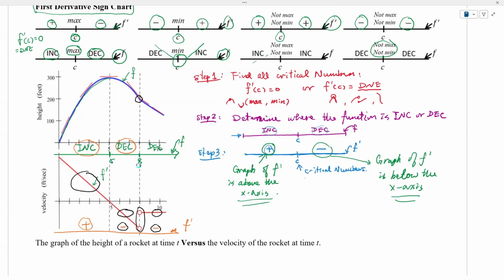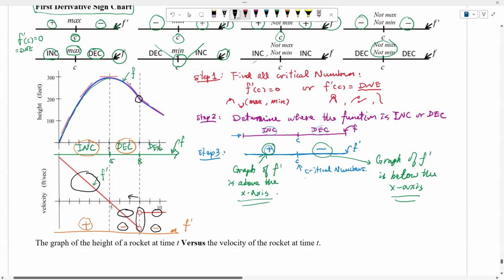You will see that the slope to the left of 8 is more negative than to the right of 8.